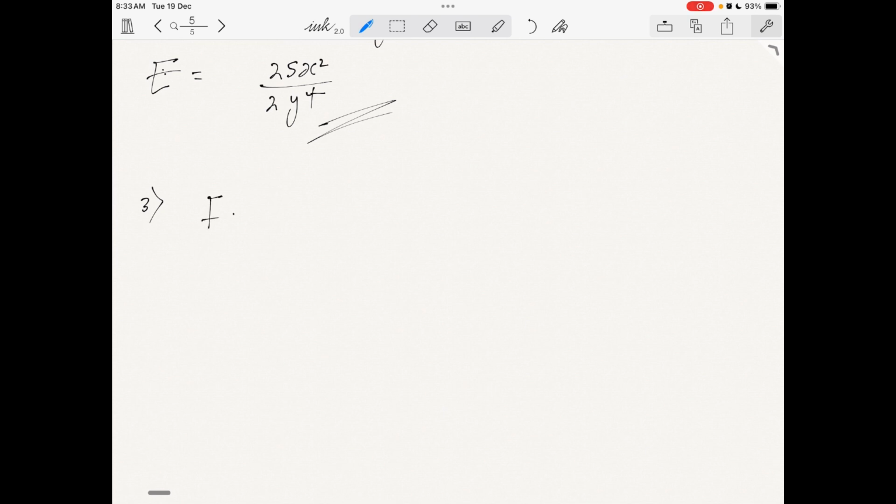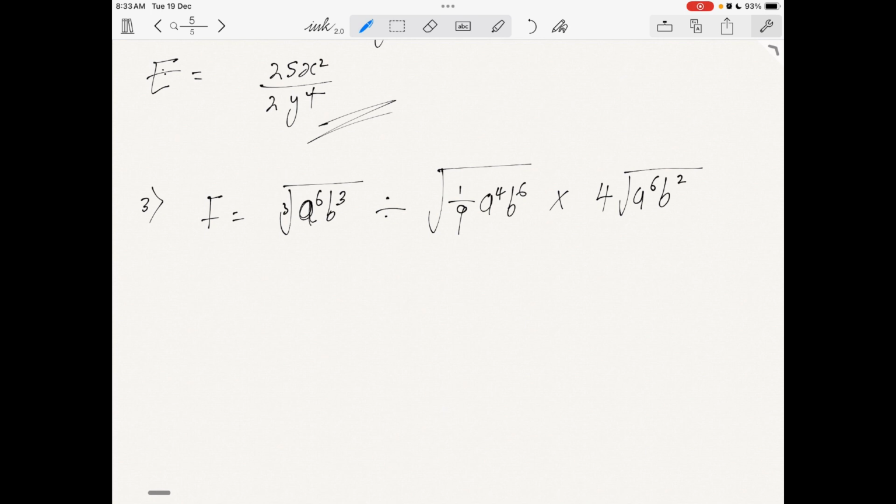We have that f is equal to the cube root of a raised to the power 6 b raised to the power 3, divided by the square root of 1 over 9 a raised to the power 4 b raised to the power 6, multiplied by 4 into the square root of a raised to the power 6 b squared, everything divided by minus half.